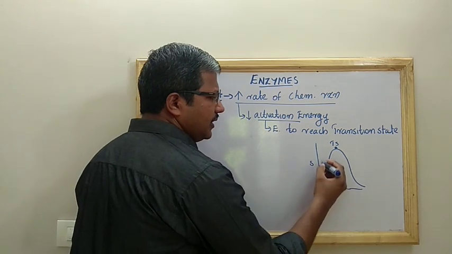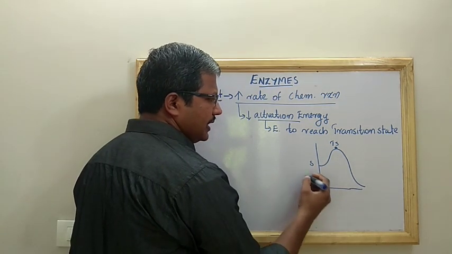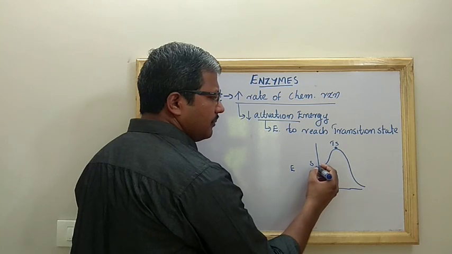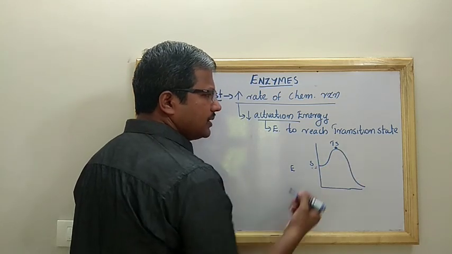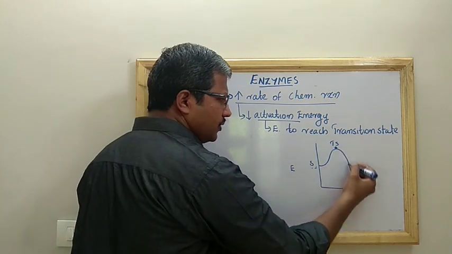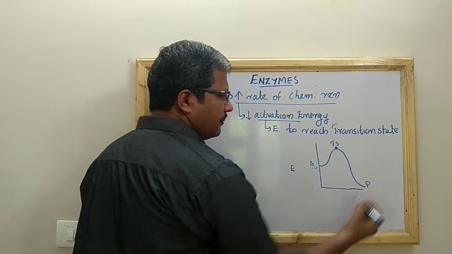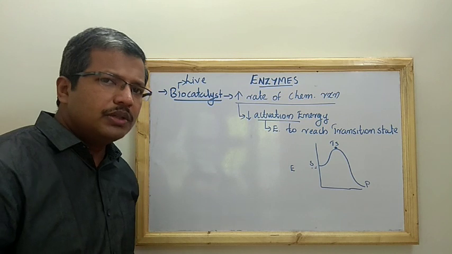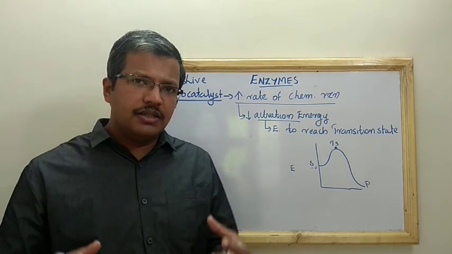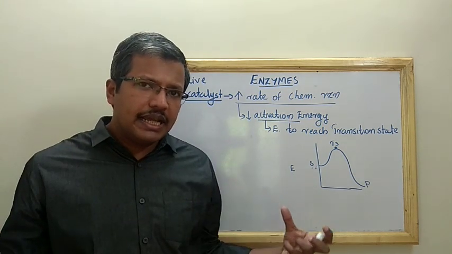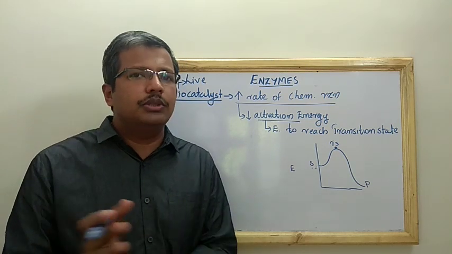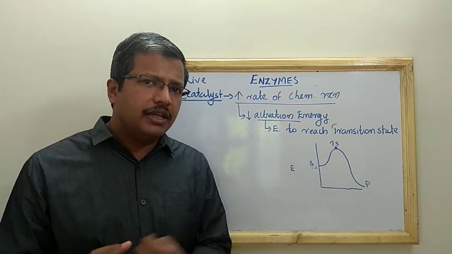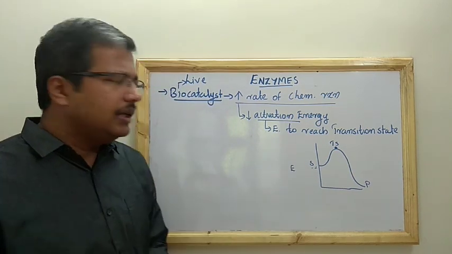The energy level of the substrate is comparatively less than the transition state, and then energy is released to form the product. So the transition state is a state between substrate and product, whose energy level is higher than both. That is what the transition state is.